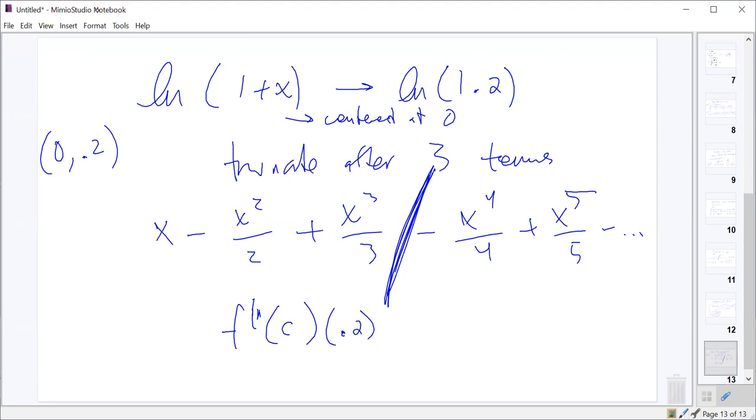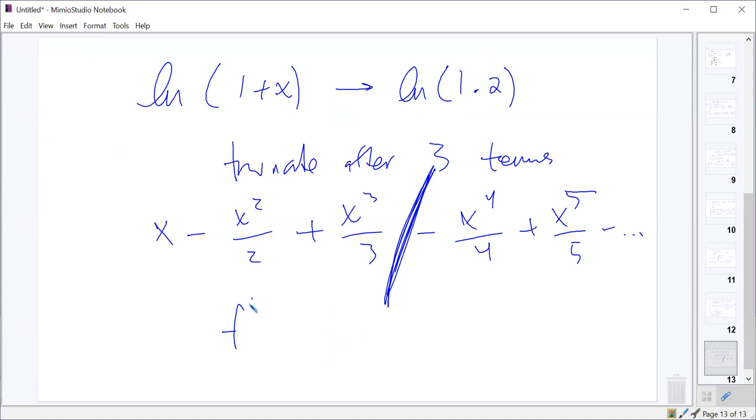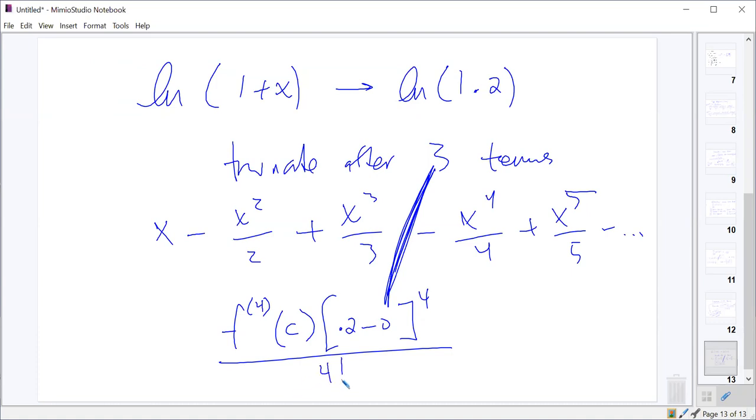All right, never mind. Can't get my toolbar. All right, we want the 4th derivative here at some value of c, times x, which is 0.2, minus 0, to the 4th, over n plus 1 factorial, so over 4 factorial. And so this is what we're looking for.